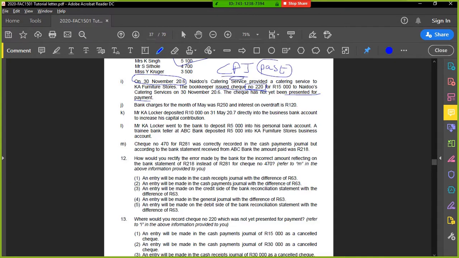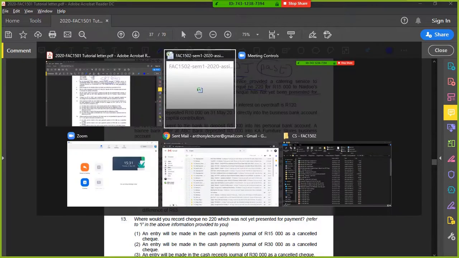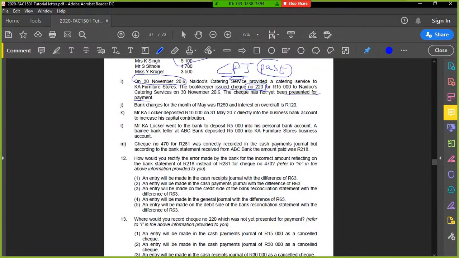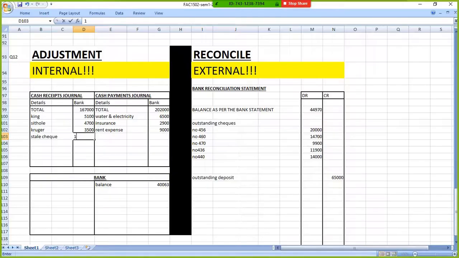You would have shown that in a CPJ. Did the payment go through? No, not for 6 months. Will the payment ever go through? No, it won't. So what must you do? Reverse out the payment. Stale check. Does that make sense? Yes. Stale checks always go to the cash receipts. You can just study it if you don't want to remember it like that. 15,000 is the amount.